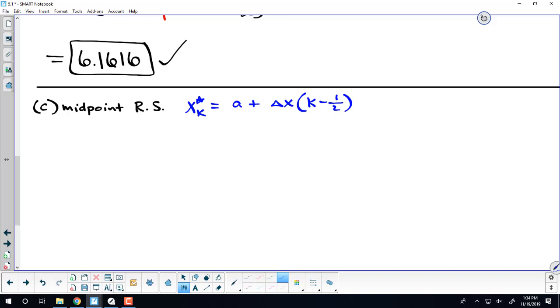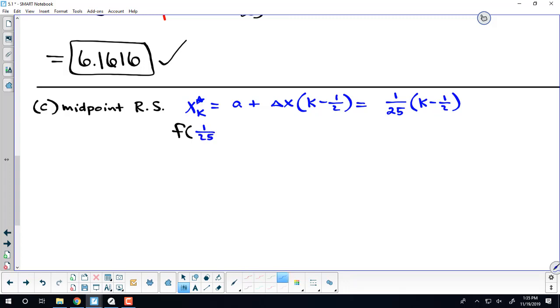So again, for us, a is 0, delta x is 1 over 25, times k minus 1/2. Before we actually sum that up, what do we need to do? Where does x star go? Into the function. So again, don't just sum up that. This now gets plugged into the function.